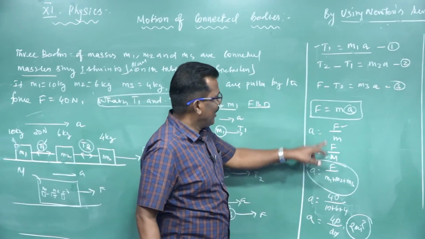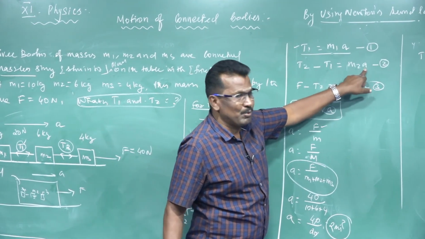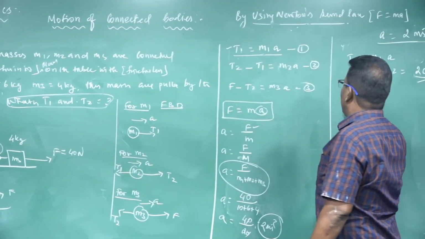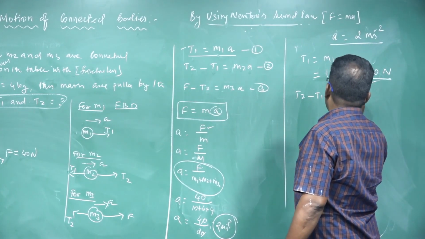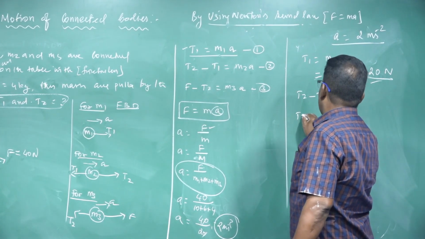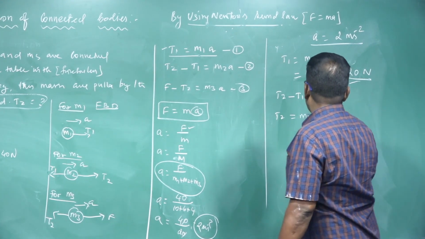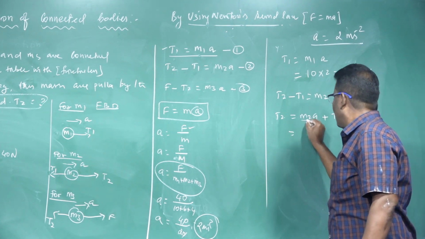What is T2? How to calculate T2? T2 minus T1 is equal to m2a. T1 we already calculated. So T2 is equal to m2a plus T1; it goes up, becomes positive.